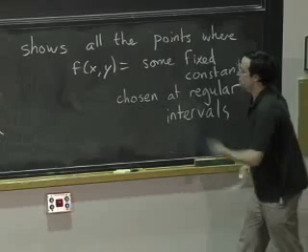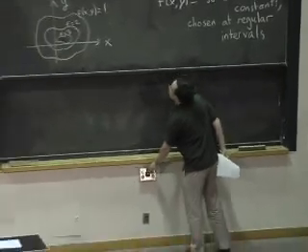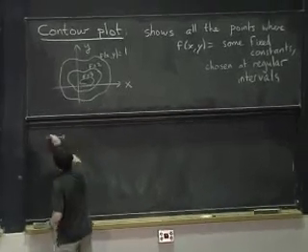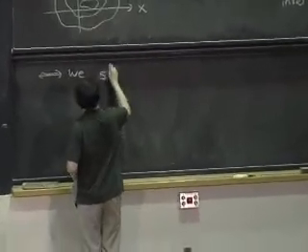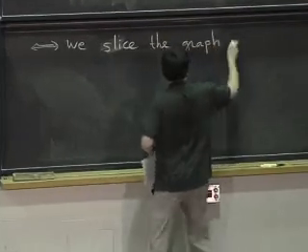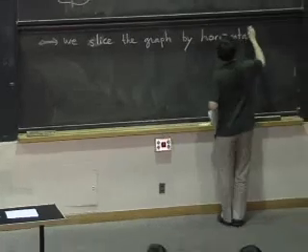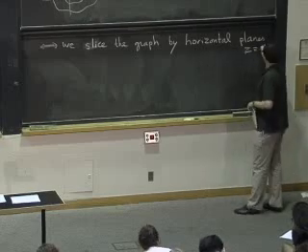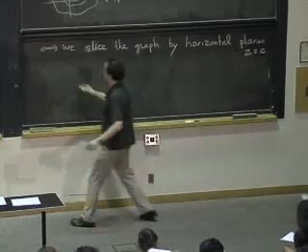So one way to think about it: how does this relate to the graph? Well, that's the same thing as cutting, or maybe I should say we slice, the graph by horizontal planes. So horizontal planes have equations of the form z equals some constant: z equals 0, z equals 1, z equals 2, and so on.